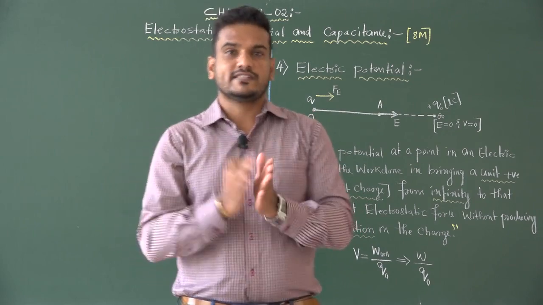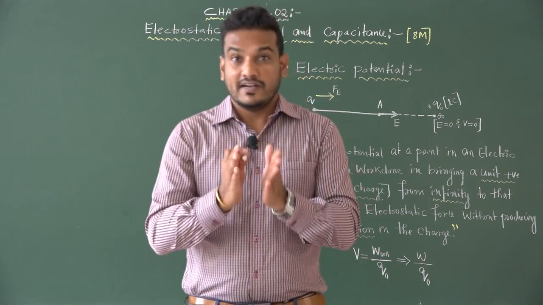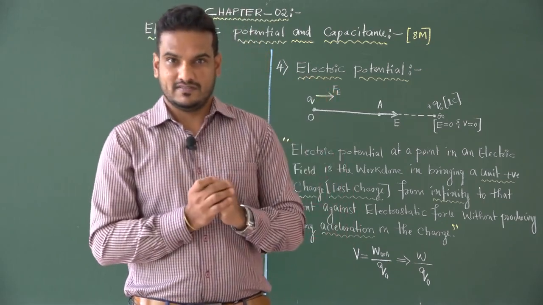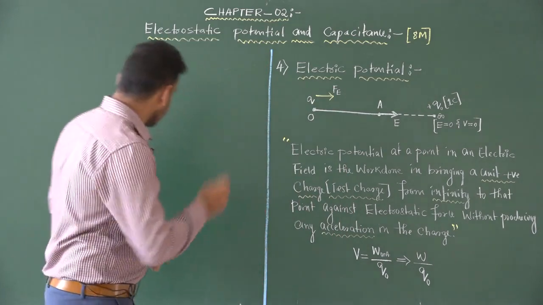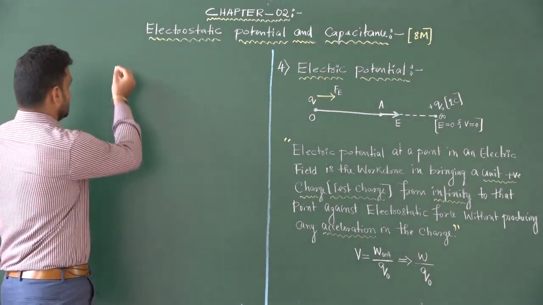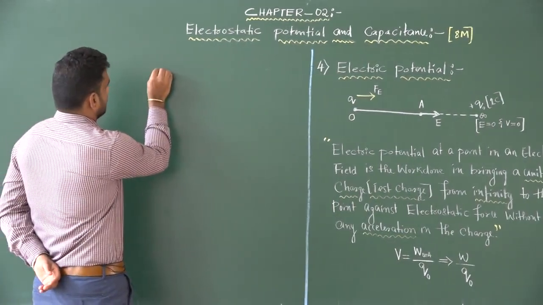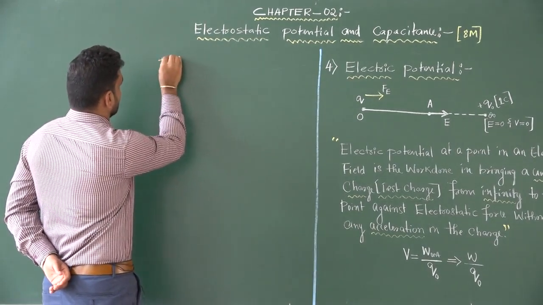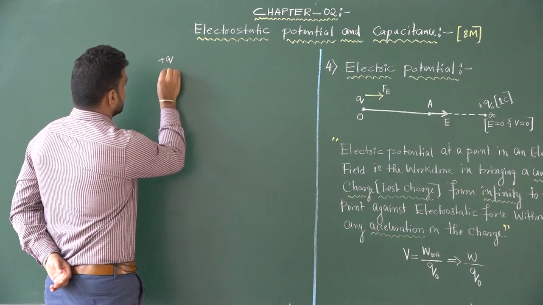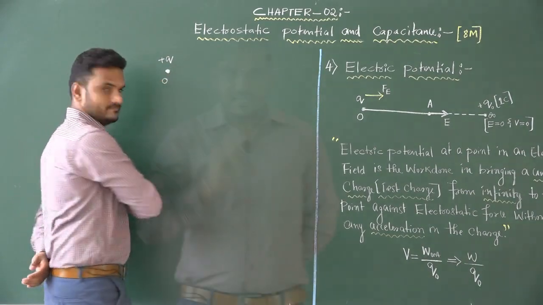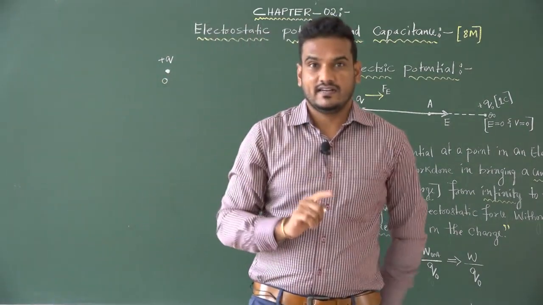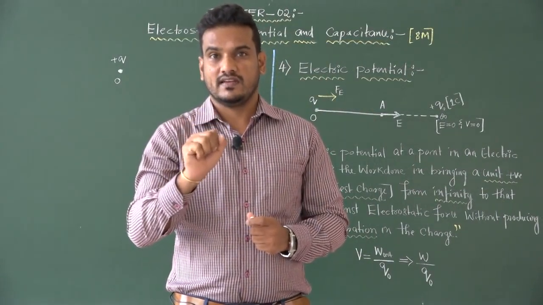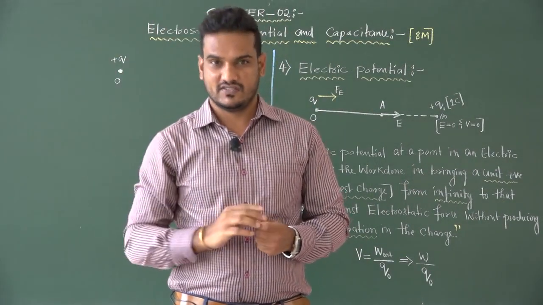Now I am going to explain some fundamental concepts which are related to the second chapter. Now I am going to consider a positive point charge, say plus Q, placed at a point O. In the first chapter we learned that the charge produces electric field, the space around the charge.